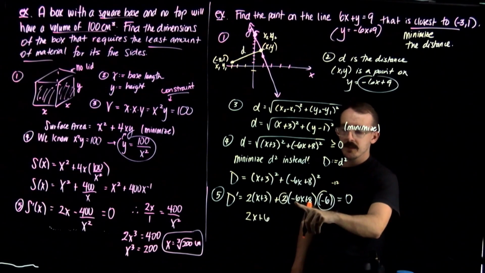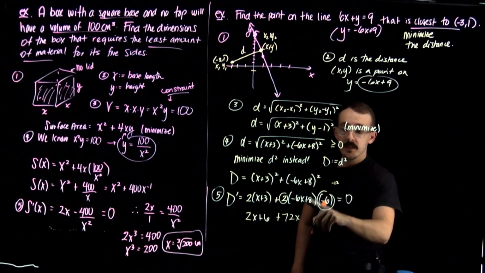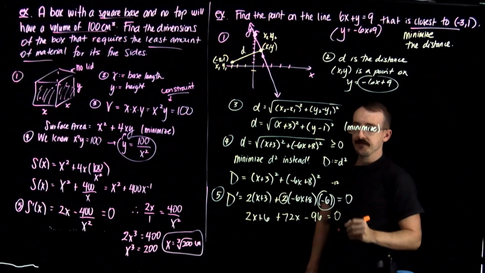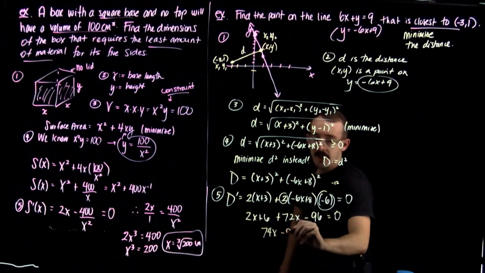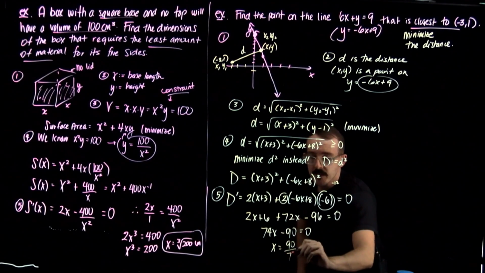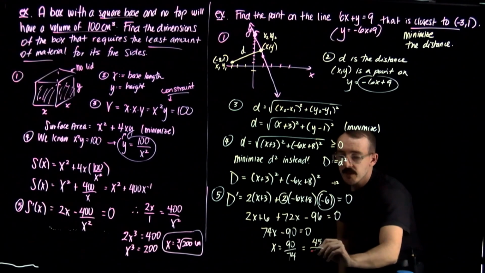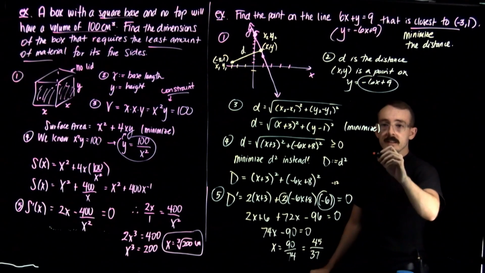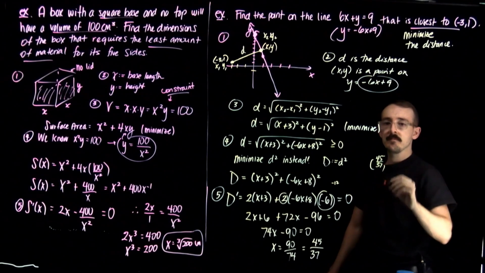And then -12 times this number right here is positive 72x. And then -12 times positive 8 is minus 96, equals 0. I'm going to combine these. I get 74x minus 90 equals 0. So x should be 90 over 74. If I divide by 2, that's going to be 45 over 37. So the x-coordinate that minimizes the distance is 45 over 37.